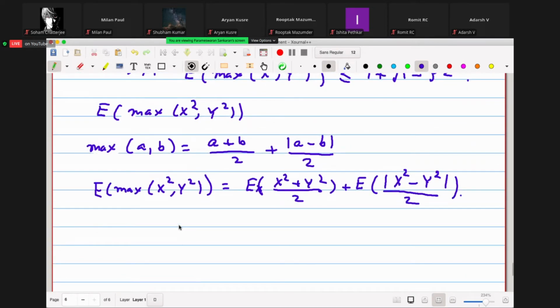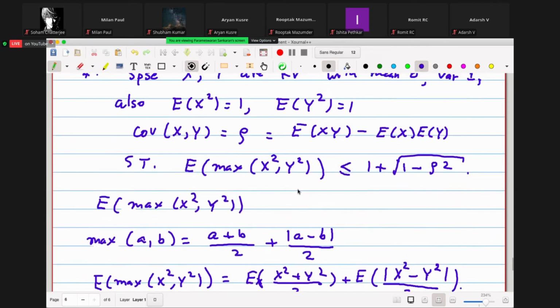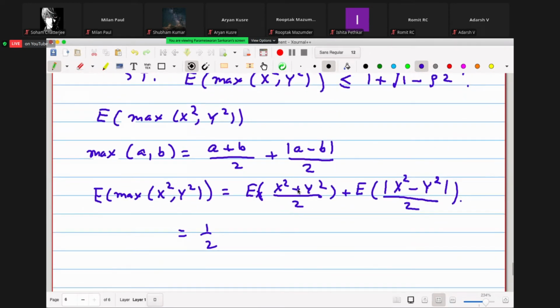So this is 1 by 2 expectation of x square plus expectation of y square, and you are told that each of which is 1. So this is 1 by 2 times 2. That's good. Plus expectation of this. This 1 by 2 can be pulled out. Now expectation of absolute value of x square minus y square.